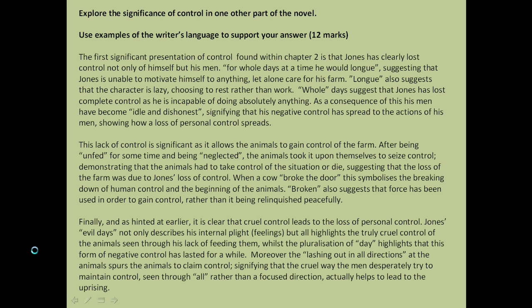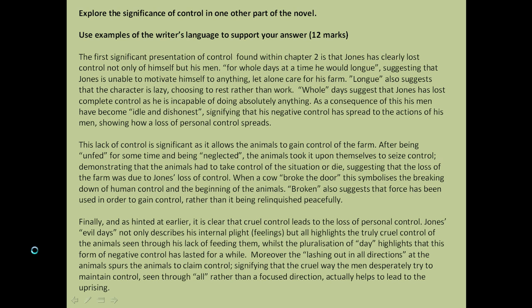This lack of control is significant as it allows the animals to gain control of the farm. After being unfed for some time and being neglected, the animals took it upon themselves to seize control, demonstrating that the animals had to take control of the situation or die, suggesting the loss of the farm was due to Jones's loss of control.